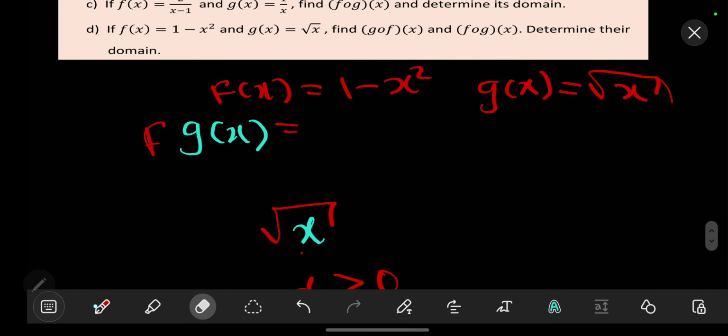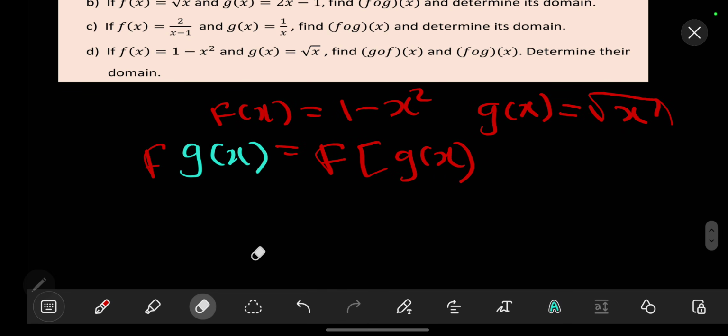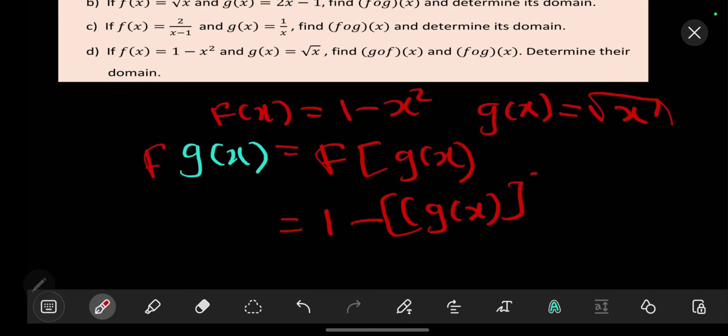So now let's calculate this. This means that write the function of f where there is x, write the function of g of x. So we are going to get f is equal to 1 minus, where there is x, put g of x, like that. So then square this, since it is x squared there.